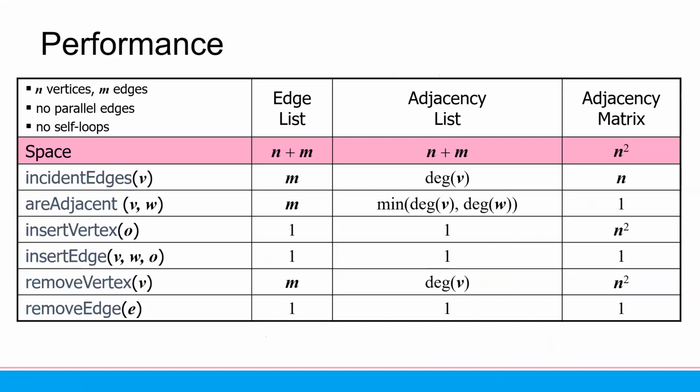For the number of incident edges, if we use the edge list, the performance will be m. Why?